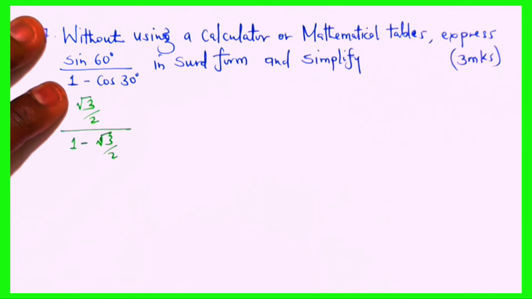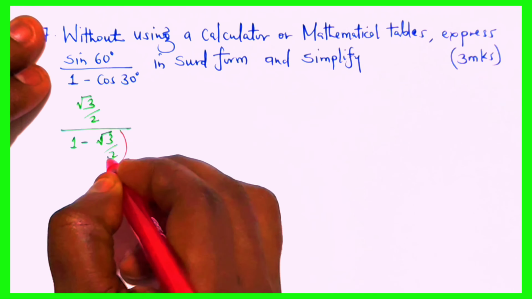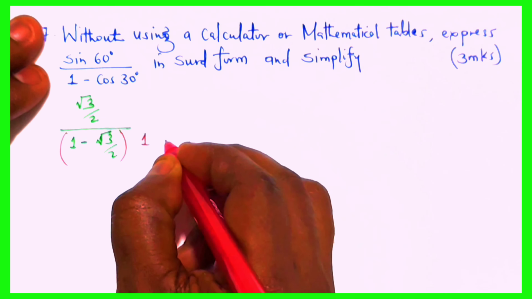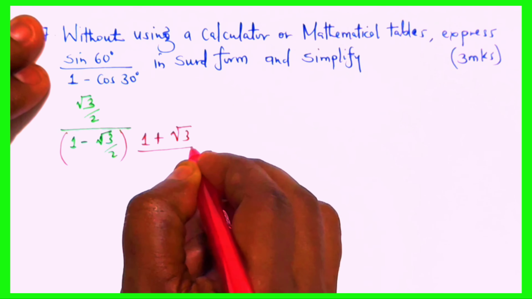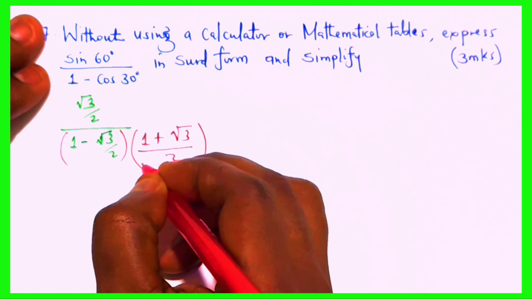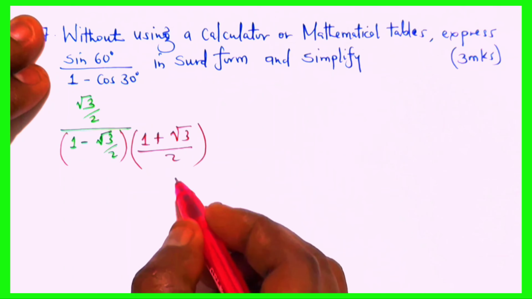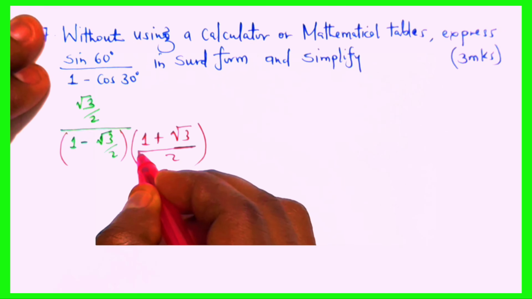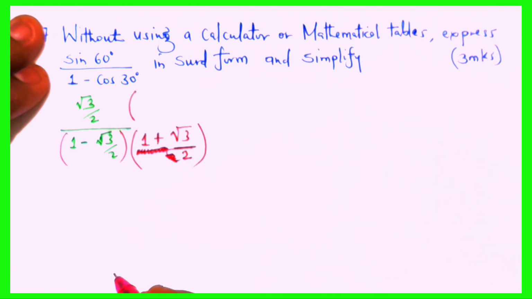Solution. So we are going to begin by considering the conjugate of the denominator here, which will simply be 1 plus root 3 divided by 2, which we are going to also multiply on the numerator. This will be root 3 over 2, sorry. And then on the numerator we also do the same.